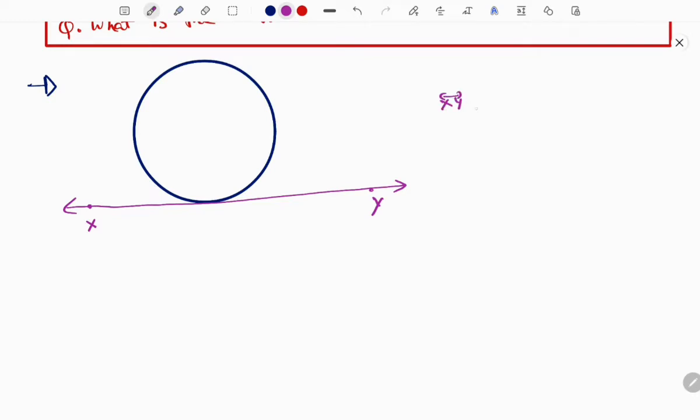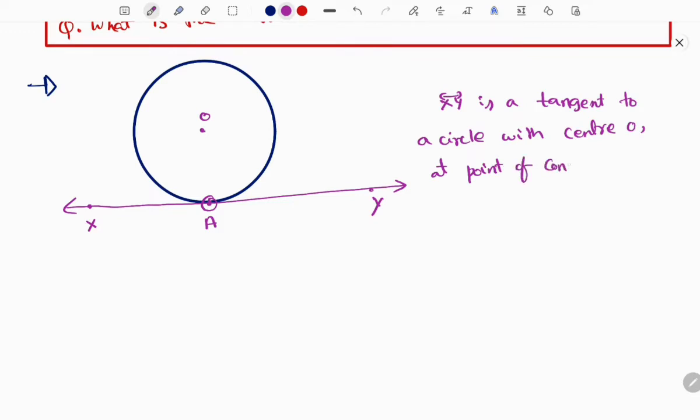XY is a tangent to a circle with center O. The point of contact is denoted as A. Now join OA.